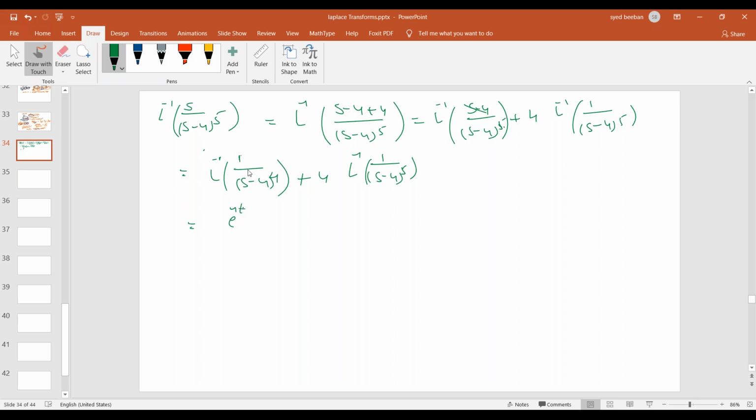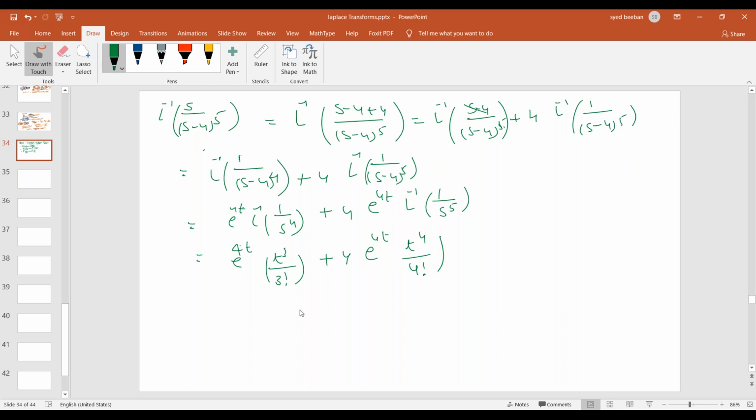E power 4t L inverse of 1 by s power 4 plus 4 times e power 4t L inverse of 1 by s power 5, which is equals to e power 4t t cube by 3 factorial plus 4 times e power 4t t power 4 by 4 factorial.